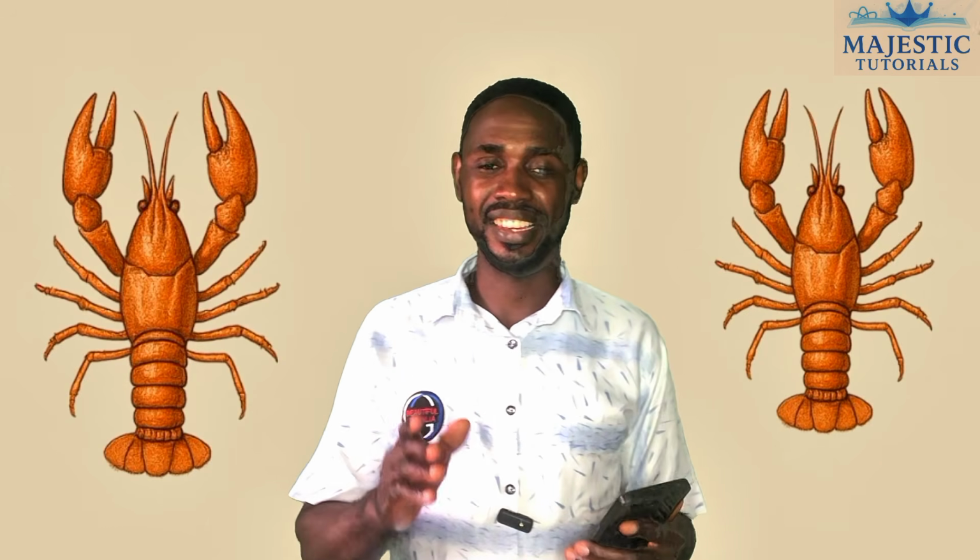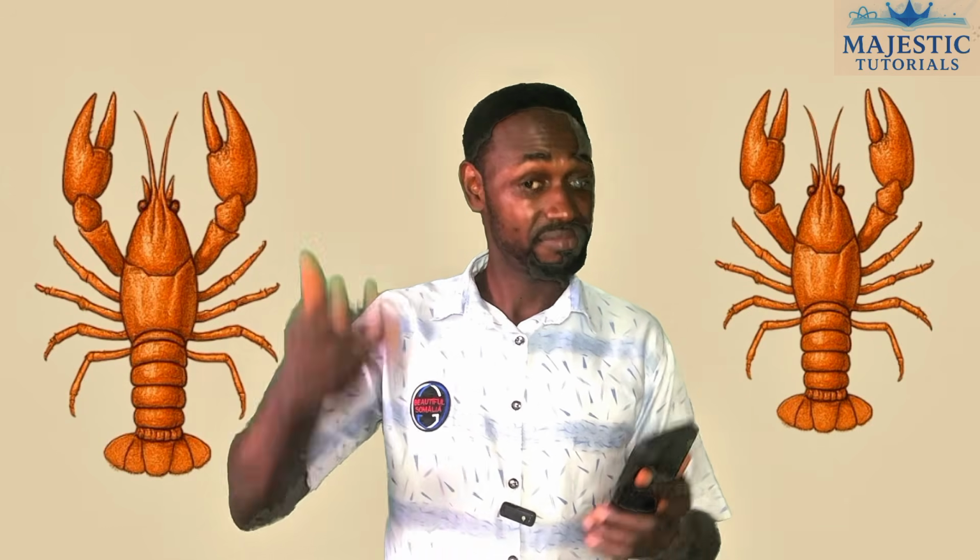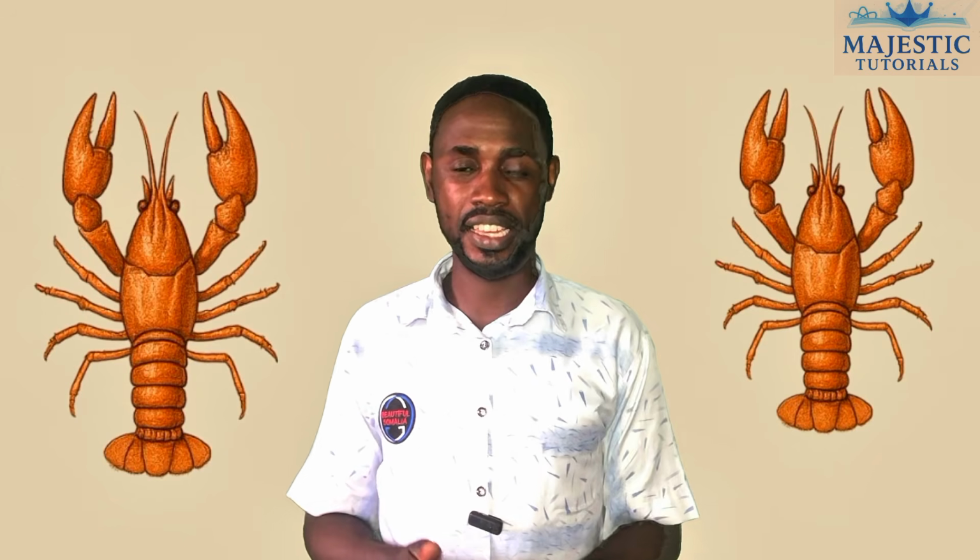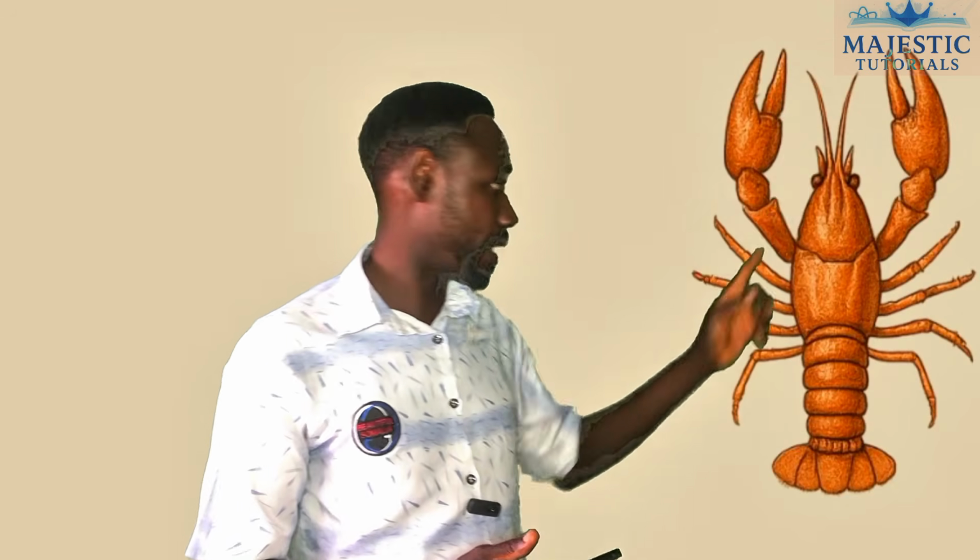Crayfish is an arthropod. Crayfish belongs to the class called Crustacea, the aquatic arthropods, okay? And the order is Decapoda. Deca means 10. It has 10 walking legs, 5 on the other side, 5 on the other side. The first pair is equipped with something like scissors.